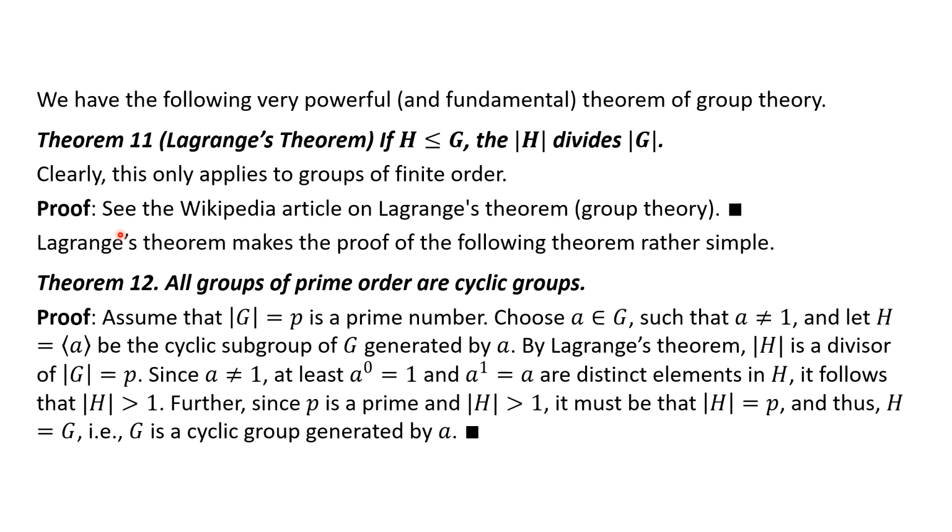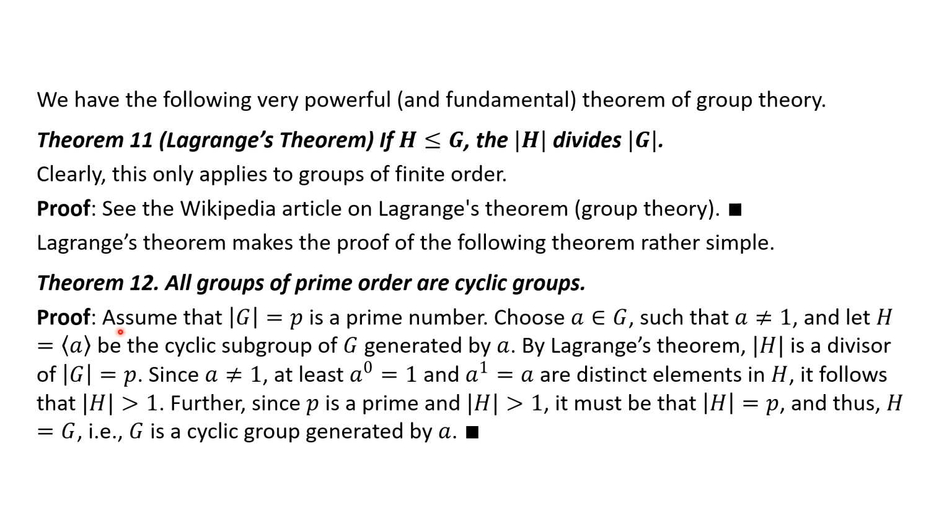The proof goes a little bit beyond what we've discussed so far, but I'll give you a link to where you can find the proof in a Wikipedia article. Then we have the following theorem that relies on Lagrange's theorem. All groups of prime order, in other words, groups with a prime number of elements, are cyclic groups.